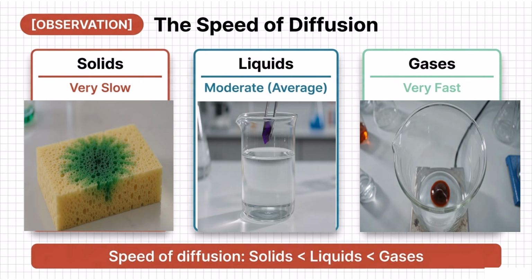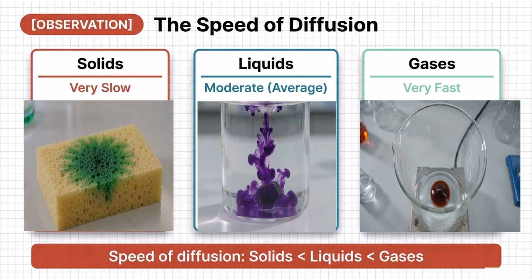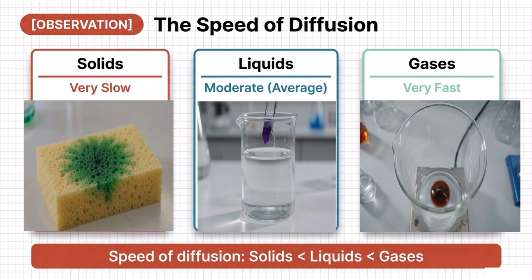Let's see the liquids. We bring a cylinder filled with water and put in a material called potassium permanganate. Here the color of the water turned to purple, but it takes some seconds.